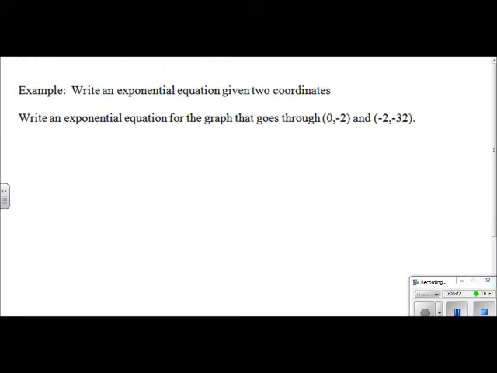All right, last slide. We need to write an exponential equation given two coordinates. We have 0, negative 2, and negative 2, negative 32. And we're looking for an exponential equation in the form y equals a times b to the power of x. Well, remember, whenever we have an x equaling 0, this value here is our initial value. That's our a.